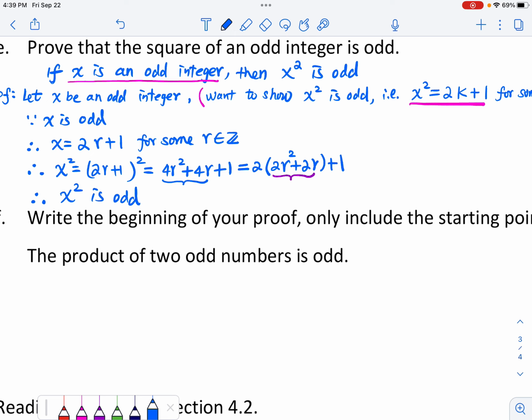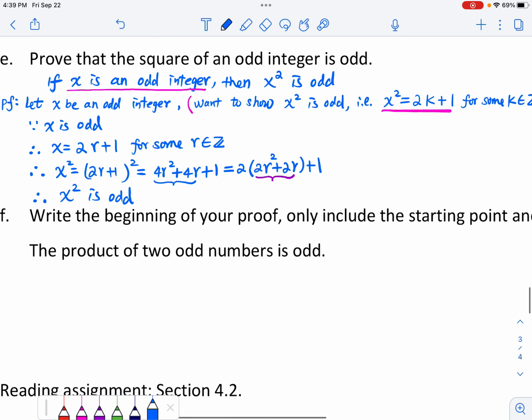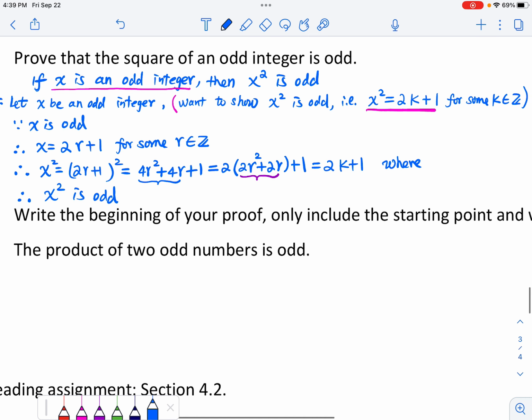But it's certainly completely okay to rewrite it as 2k plus 1, where you assign k to be 2r squared plus 2r. So now you can conclude x squared is odd, because that's exactly what was to be proved. Then you end the proof.